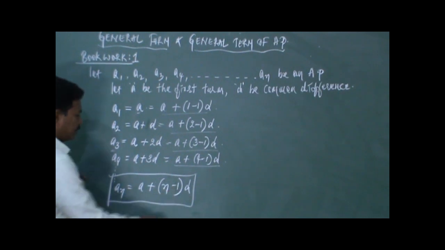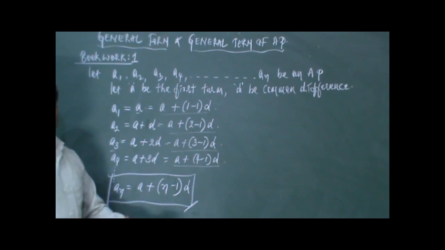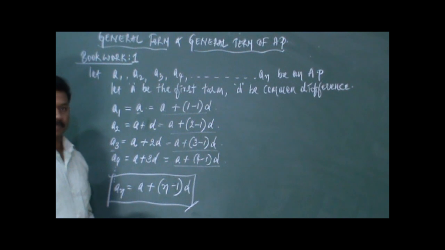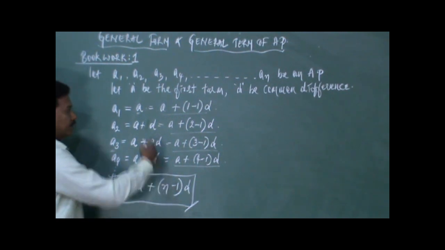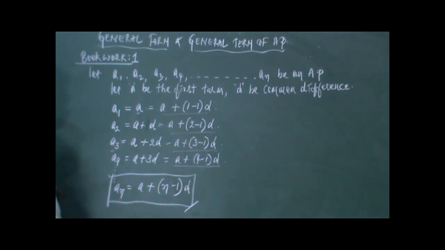So this is the formula used to find the nth term of an AP, or it is called the general term of an AP. By using this general term, that is the nth term of an AP, we can write the general form of an AP also. How does the general form of an AP come?